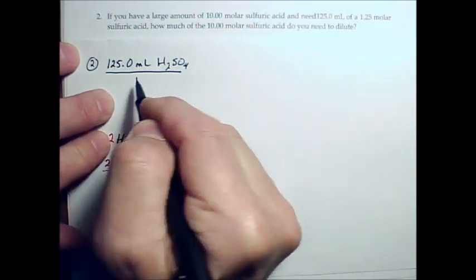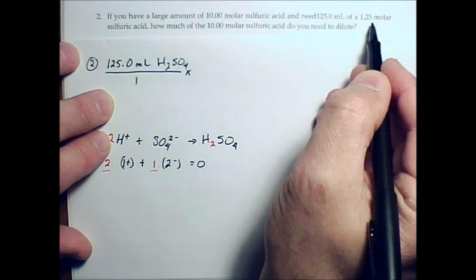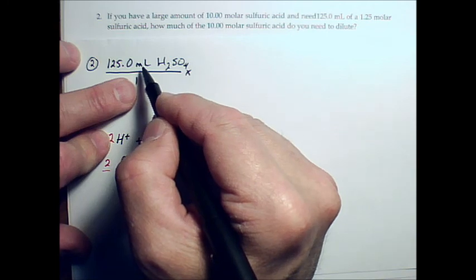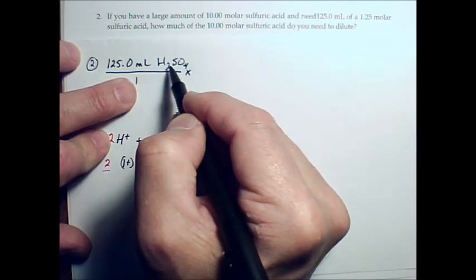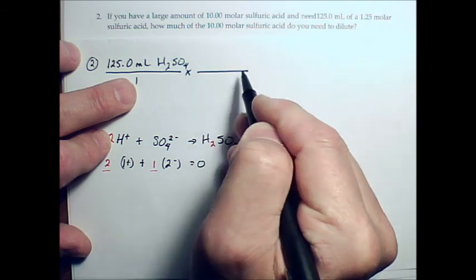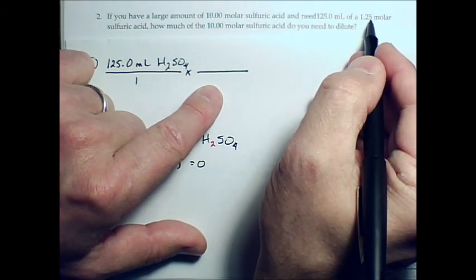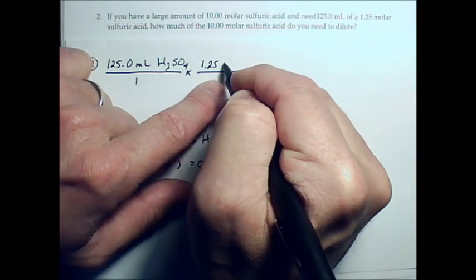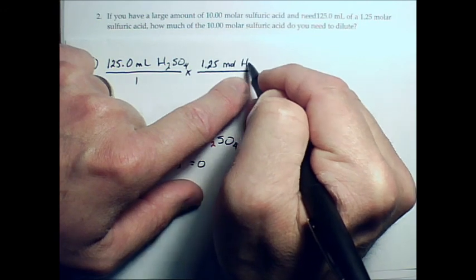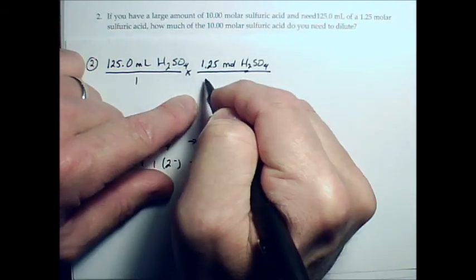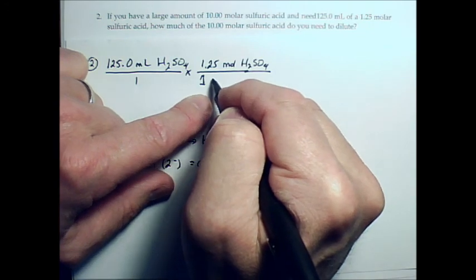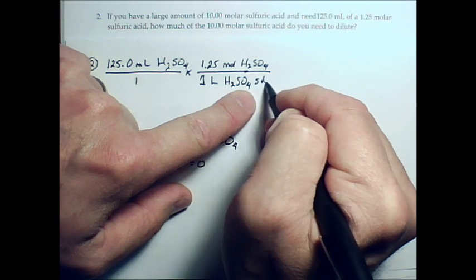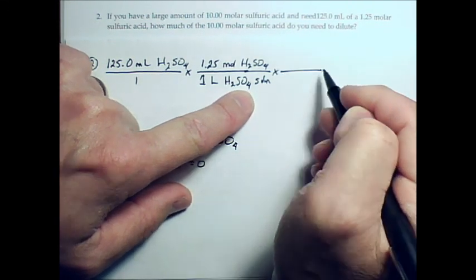So now this is H2SO4, and that goes over 1. We use the concentration that goes along with that, volume, and 1.25 molar is the same thing as 1.25 moles of H2SO4 over 1 liter of H2SO4 solution.